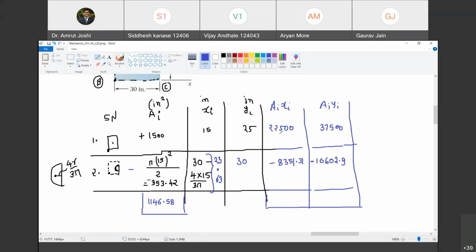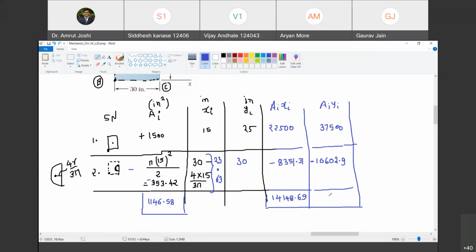Now, can you tell me what is summation Ai xi, 22,500 minus 8351.31? I hope there are no calculation errors. I hope others are also doing independent calculations. So 22,500 minus 8351.31 is 14148.69.